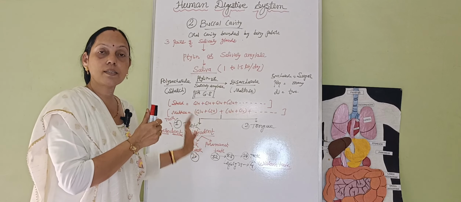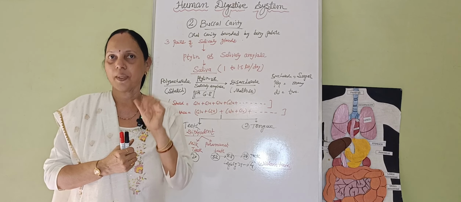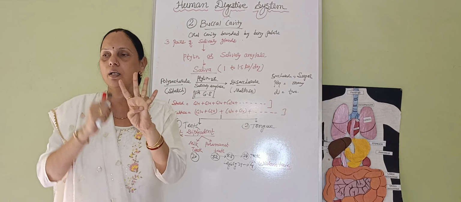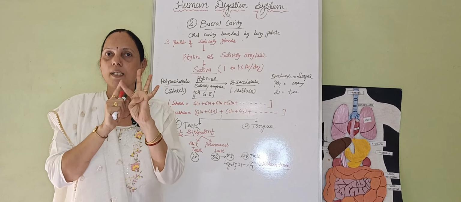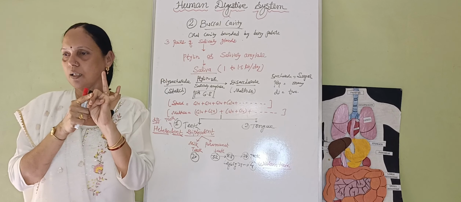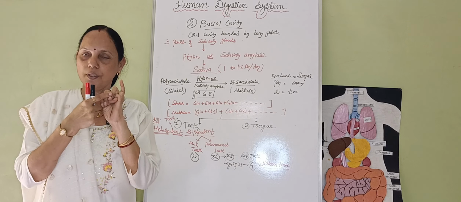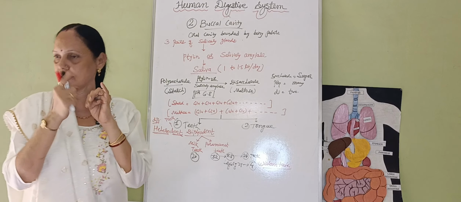Okay. Now about these teeth, since the 5th standard you have been studying the types of teeth. In total 4 types of teeth are there. The first one is the incisors, which are 4 in number. The second one is the canines, which are 2 in number. Then the third one is the premolars, which are also 4 in number. And the molars, which are 6 in number.